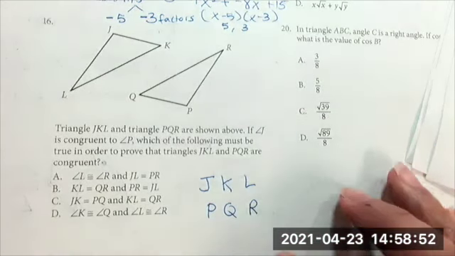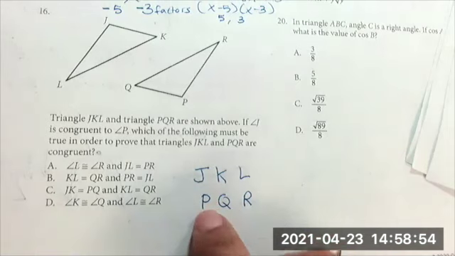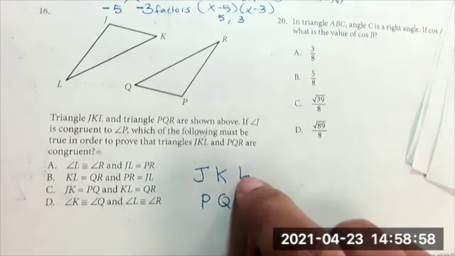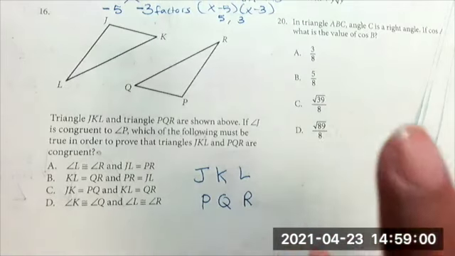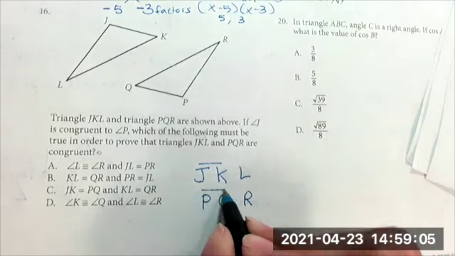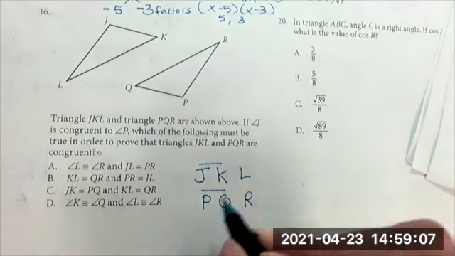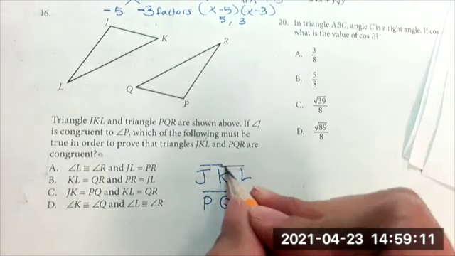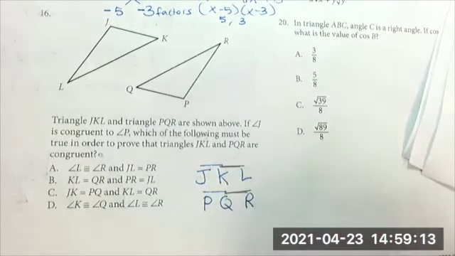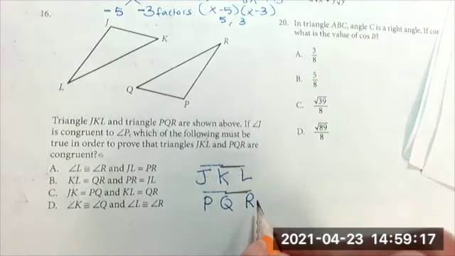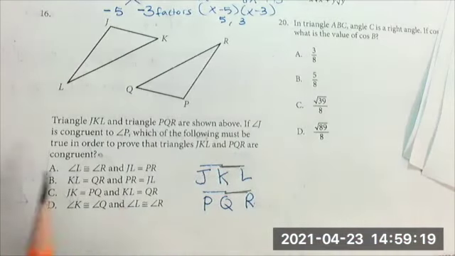I align my letters. J is congruent to P, K is congruent to Q, and L is congruent to R. In the same manner, JK is congruent to PQ, KL is congruent to QR, and JL is congruent to PR. So keep that in mind.